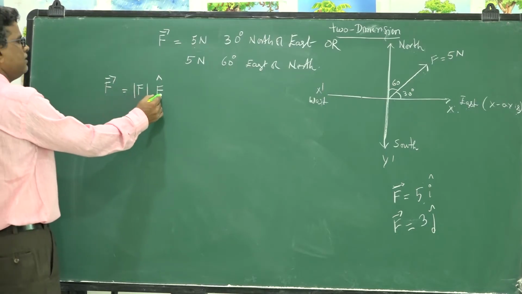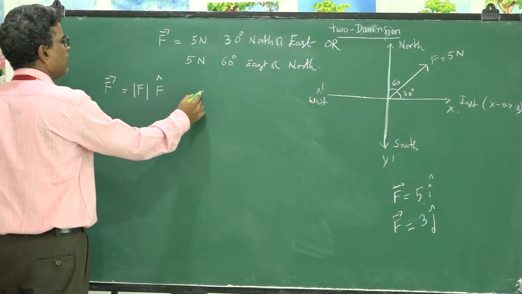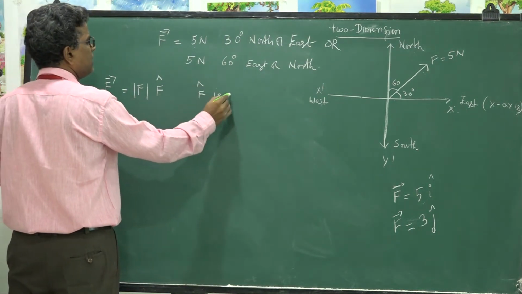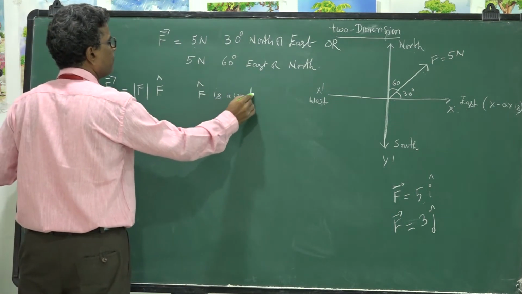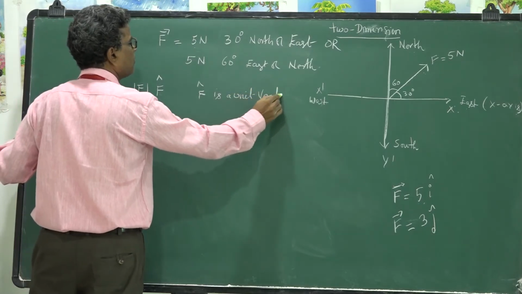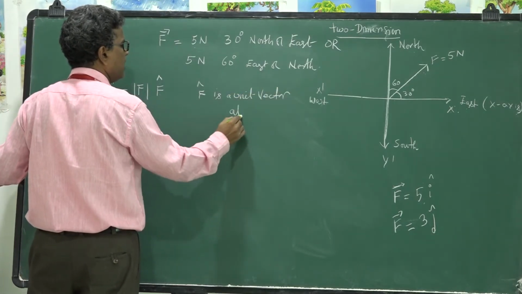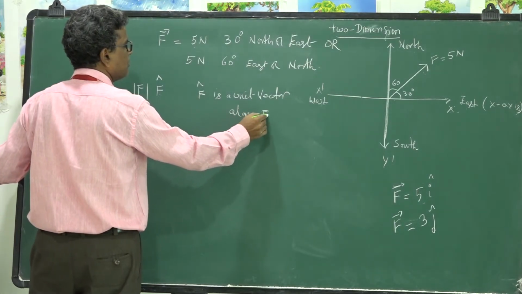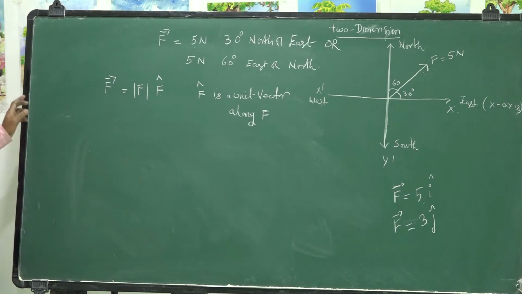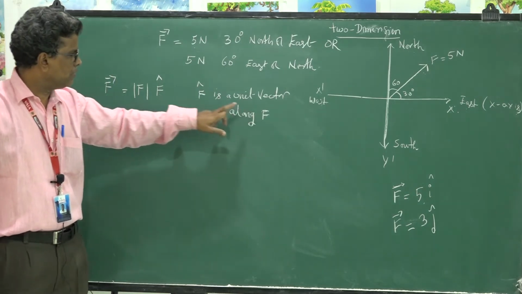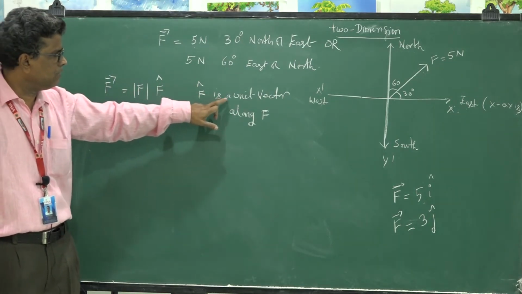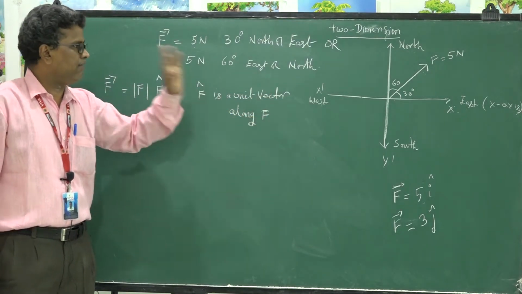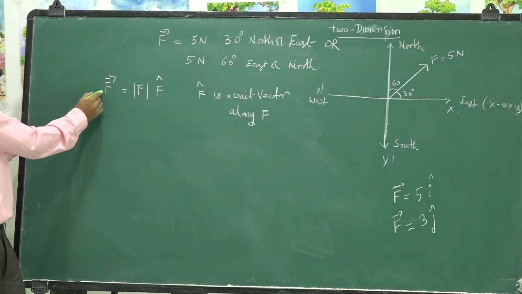What is F cap here? F cap is a unit vector in which direction? Along F bar.